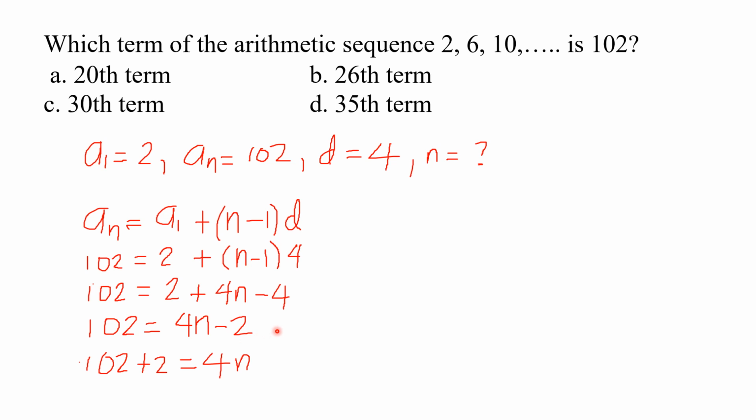Then using again the addition property of equality, we add positive 2 on both sides. So that is 102 plus 2 is equivalent to 4n. And then finally solving for n, 104 divided by 4 is equivalent to 26. So the correct answer again is letter B.